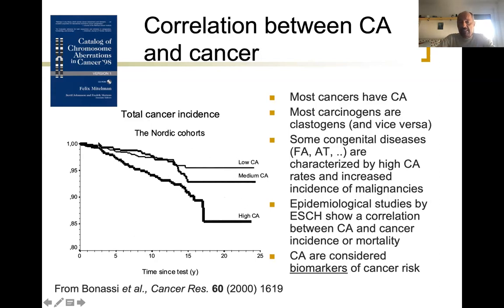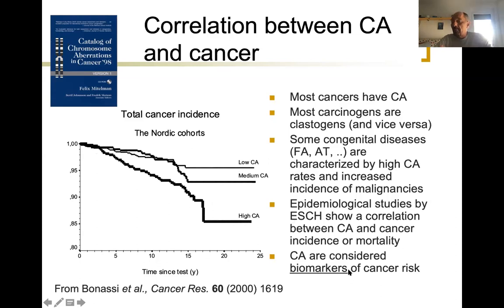And you see, this is the incidence of cancer as a function of the time since the test. They say the survival without cancer. You see that those with high chromosomal aberrations have a tendency to have a higher risk of cancer than those with low chromosomal aberrations.